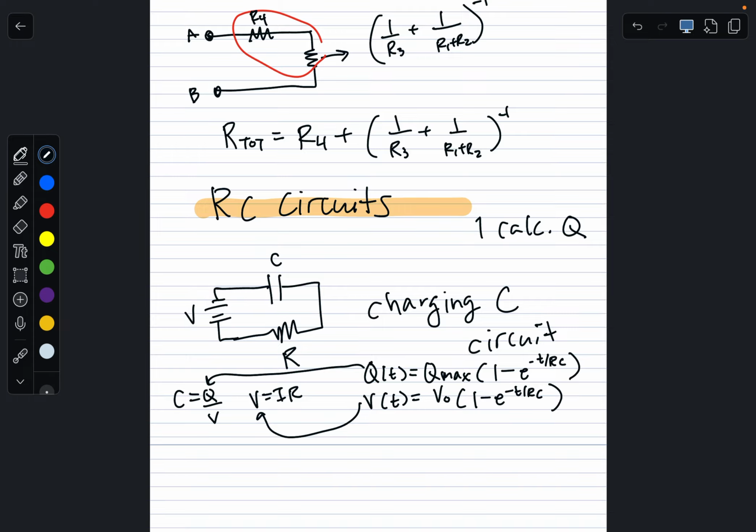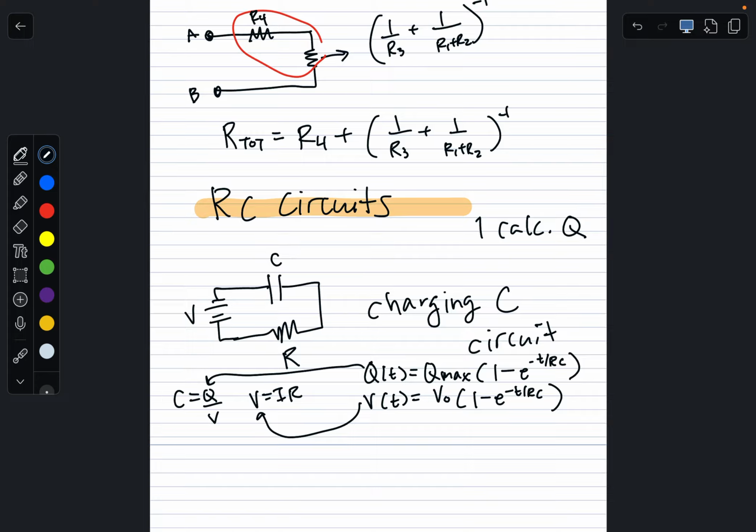For a discharging circuit, you don't have a battery. So that's how you know you're discharging. You don't have a battery. C is acting like the battery in a discharge circuit. C acts as the battery.